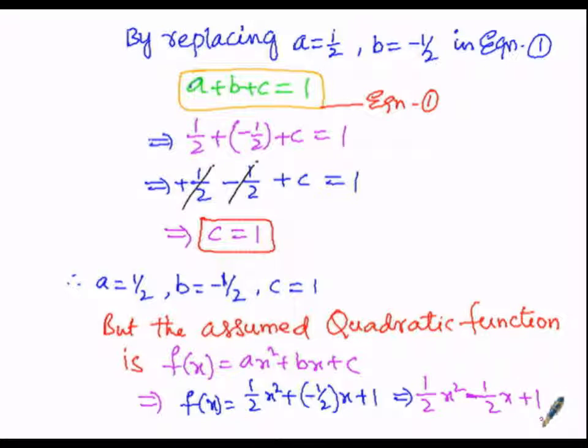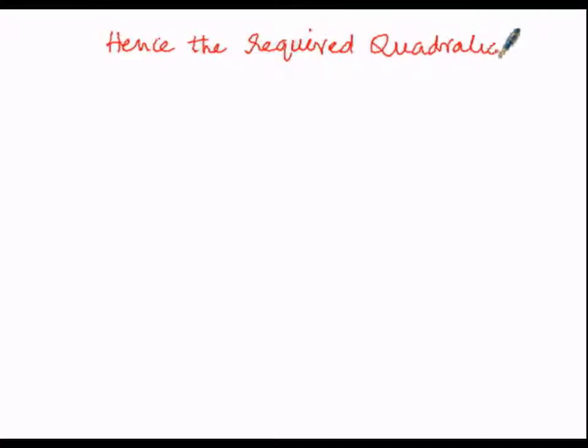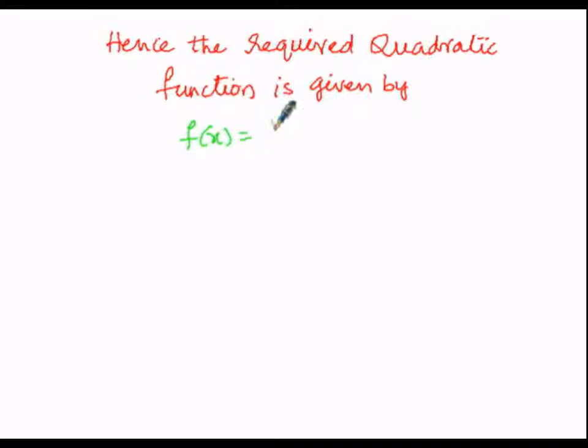So hence the required quadratic function is given by f of x equals half x square minus half x plus 1.